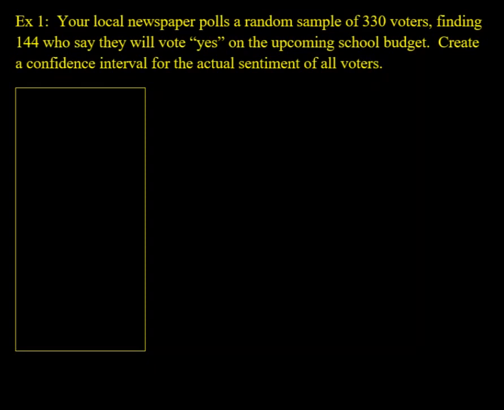So we're going to start by checking our conditions because we're using the normal model for this. I have a random sample, and 330 voters are less than 10% of all voters.